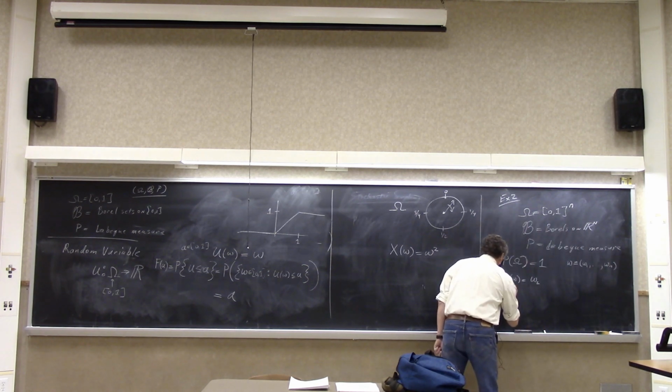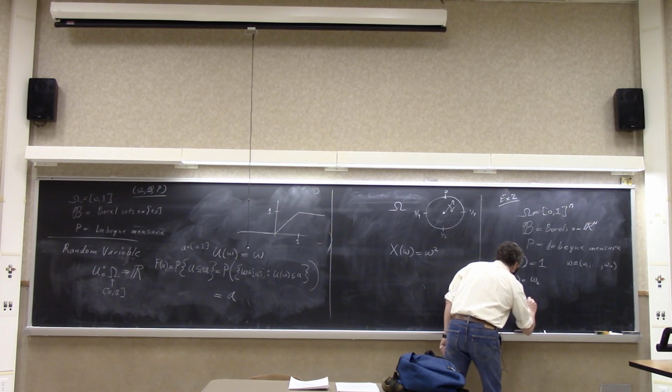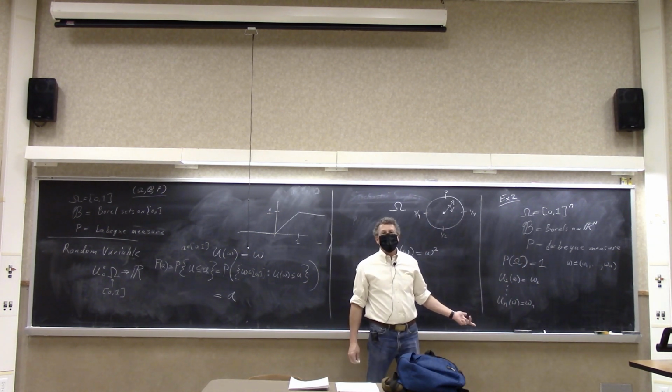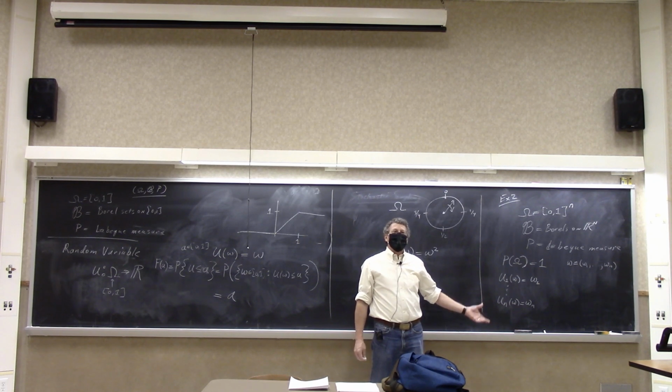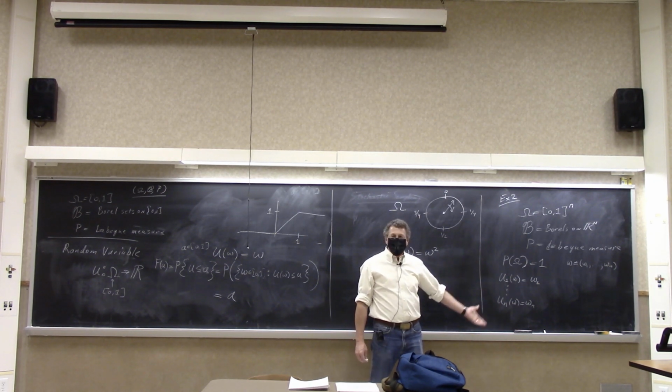And you'd have un of omega equals omega n. And now you can show those are independent, identically distributed, uniformly distributed random variables, okay?